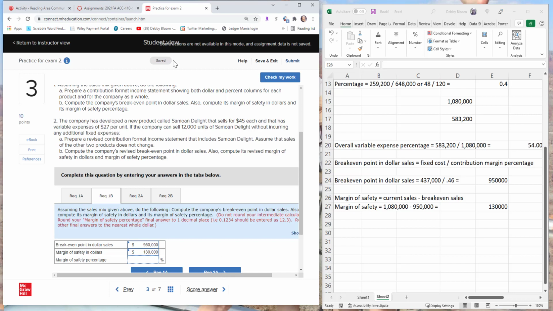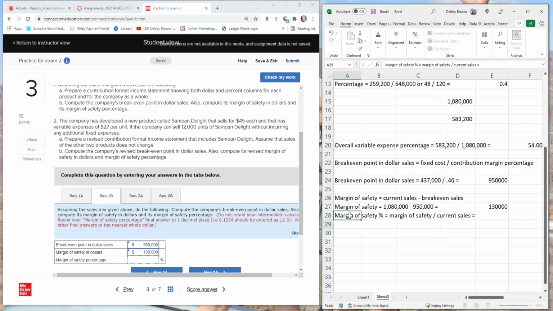And the margin of safety percentage is just the margin of safety divided by the break-even point in sales dollars. I think I spoke incorrectly. The margin of safety percentage is the margin of safety divided by current sales.